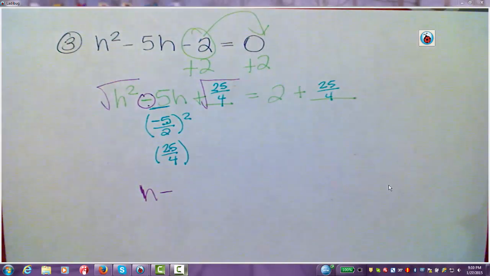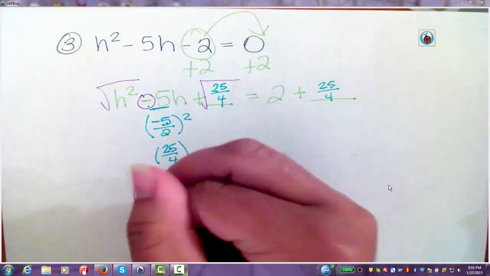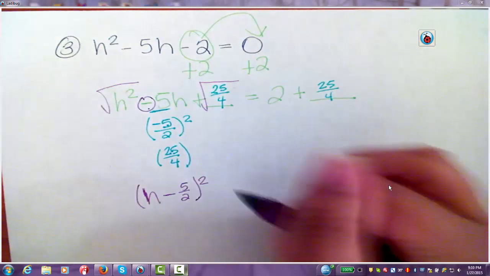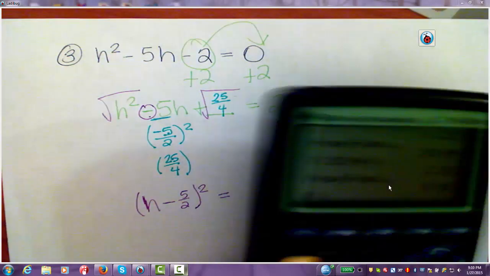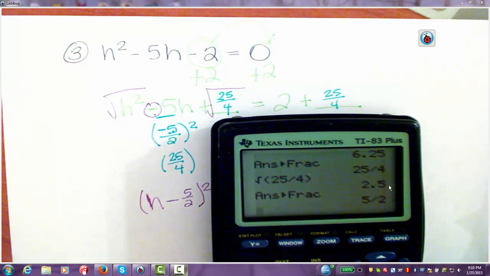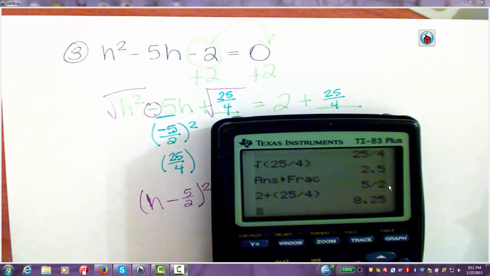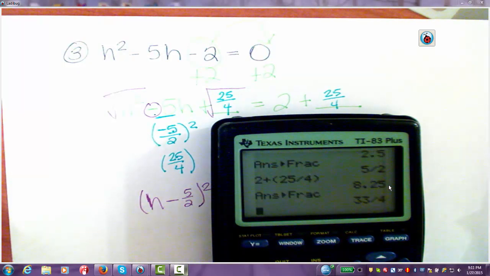So h minus 5 halves quantity squared equals, and then we see how much 2 plus 25 fourths is. So 2 plus 25 fourths equals 8.25, but we want it in fraction form, so 33 fourths.